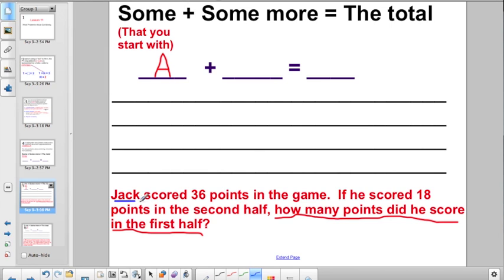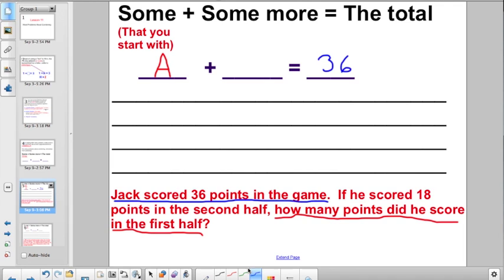Jack scored 36 points in the game. So that 36, is that some of the points that he started with? No, we already put our variable there. Was that some more of the points he scored, or the total of the points he scored? I'm hoping you recognize that that is the total of all the points he scored in the game.